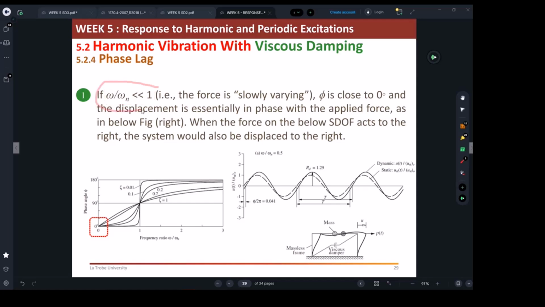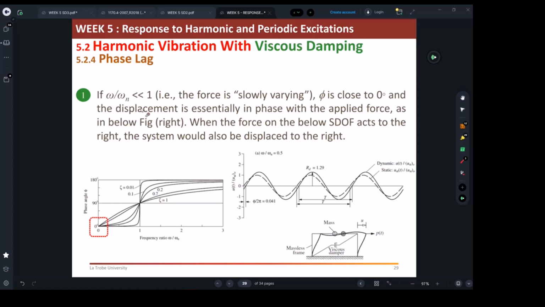Can someone tell me, in that building, what does it mean? Does it mean a soft building on gentle ground, or a soft building on abrupt motion?